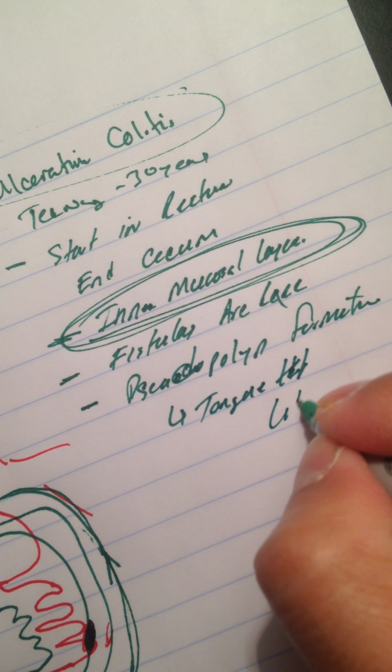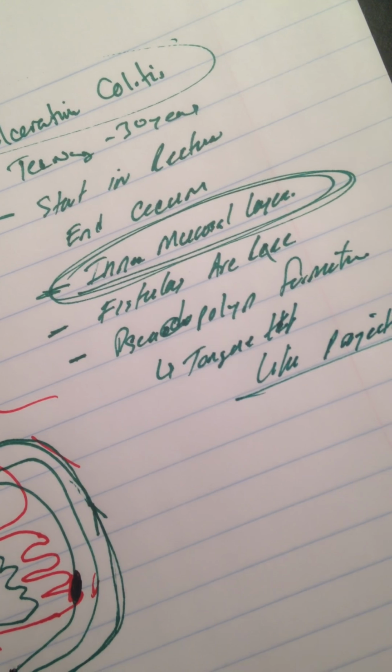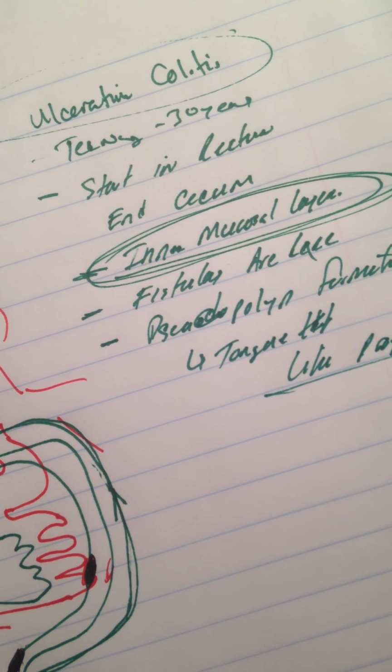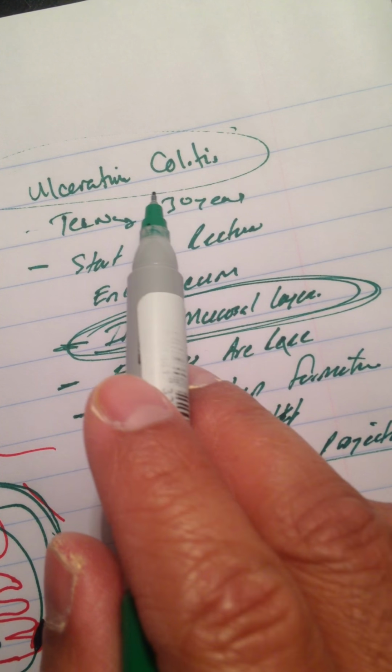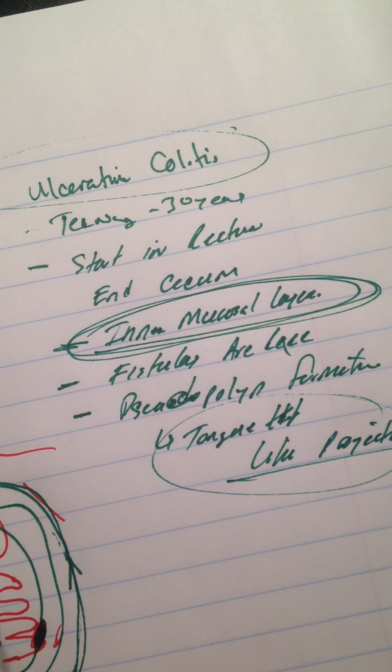Sorry about my spelling. Tongue-like projections. Okay. I'm having a hard time writing both of these things in here. But again, this is what sets ulcerative colitis, these tongue-like projections, versus the cobblestone appearance in Crohn's disease.